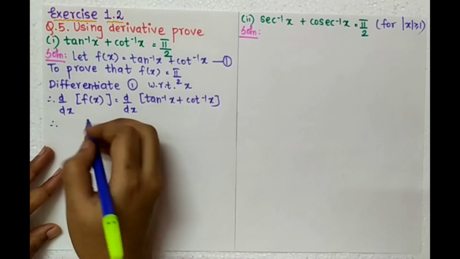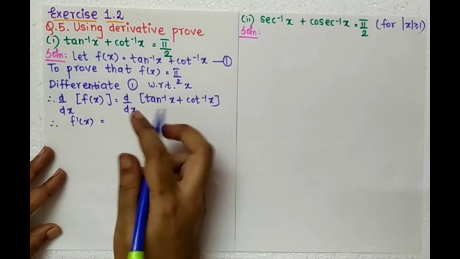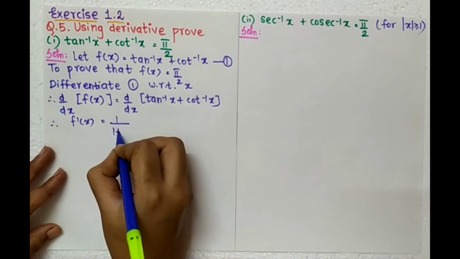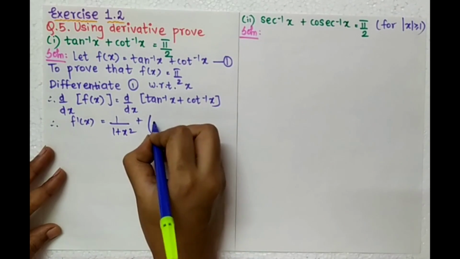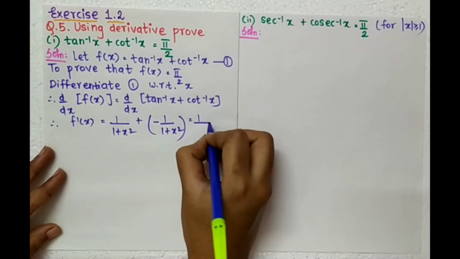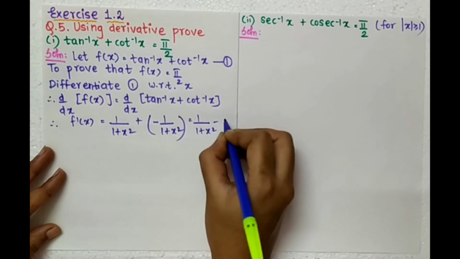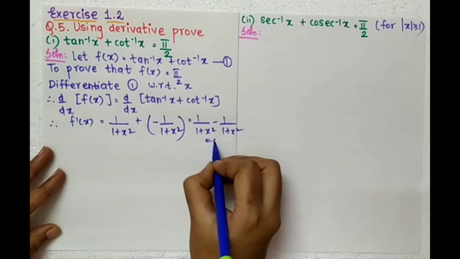Therefore, derivative of f of x is f dash x, which is equal to derivative of tan inverse x, which is 1 upon 1 plus x square, plus derivative of cot inverse x, which is minus 1 upon 1 plus x square, which is equal to 1 upon 1 plus x square minus 1 upon 1 plus x square, which is equal to 0.